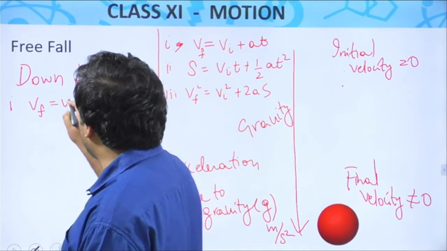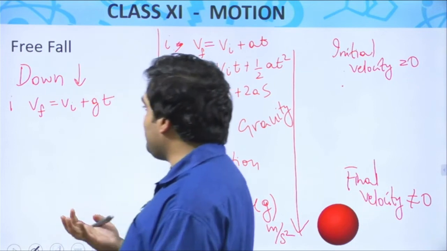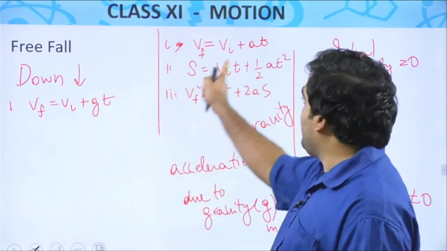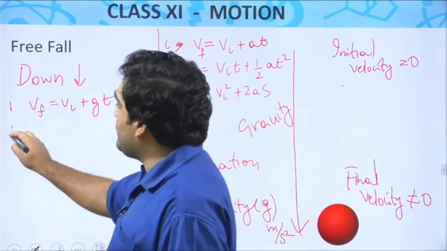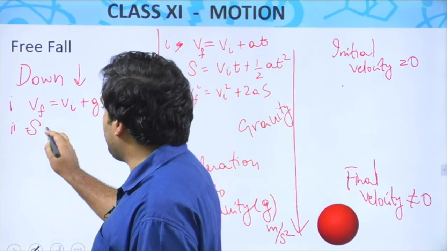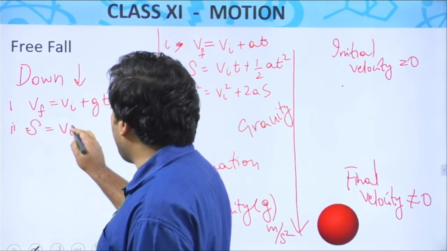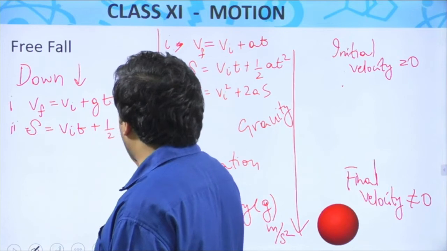So let's substitute and we get the equations. Very simple. All you have to do is substitute g in place of a. So the second equation of motion is S equals Vi T plus half G T square.